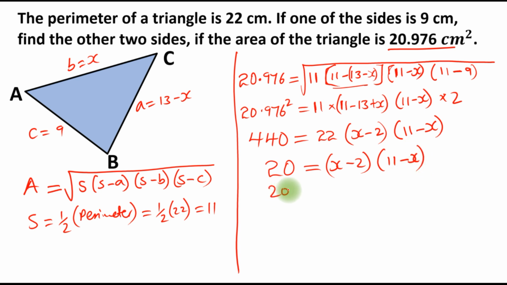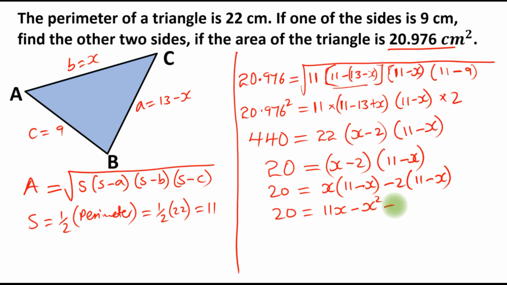So on the right hand side, let us expand. x multiplied by what is in the second bracket, then minus 2 multiplied by what is in the second bracket, 11 minus x. So we get 20 equal to 11x minus x squared, then minus 22, then plus 2x.